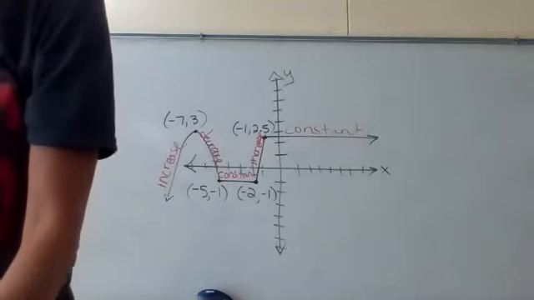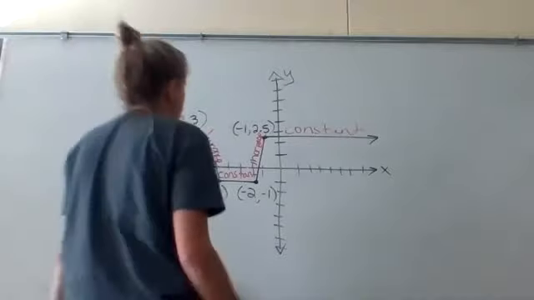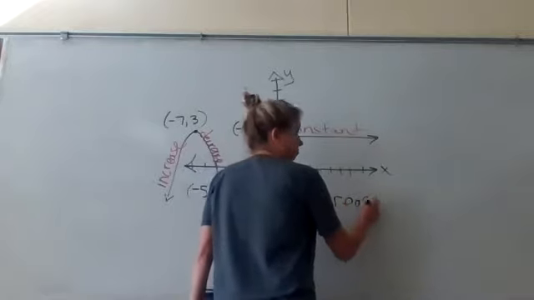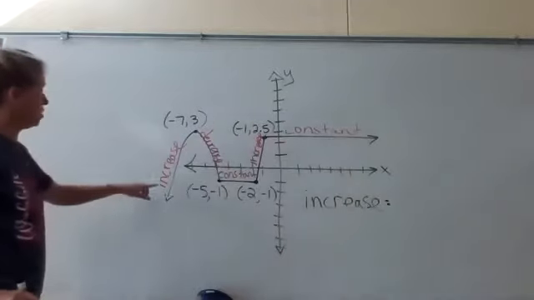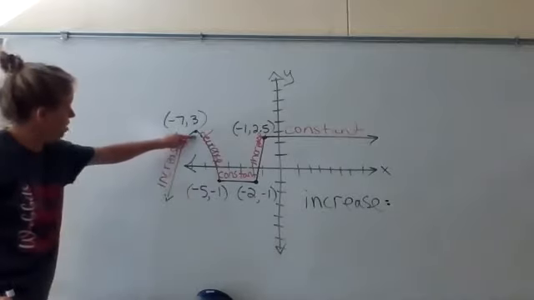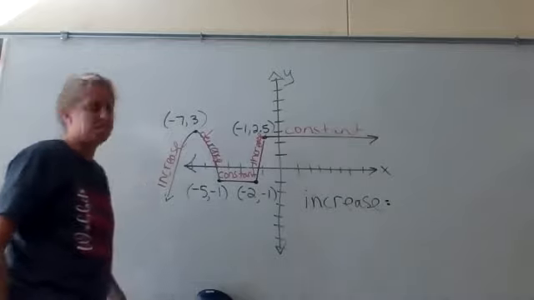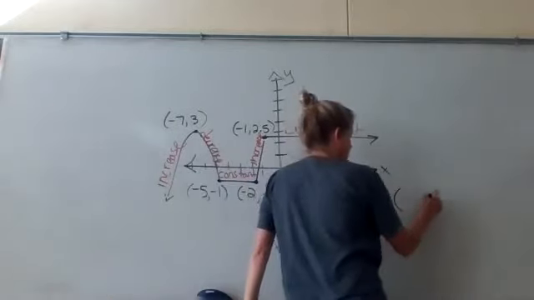So the first thing it's going to say is list the intervals on which the function is increasing. So it's increasing in two spots. It's increasing here and here. So two spots, it's going up. So I'm going to have two intervals that I'm listing.